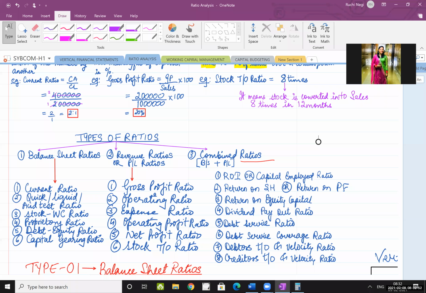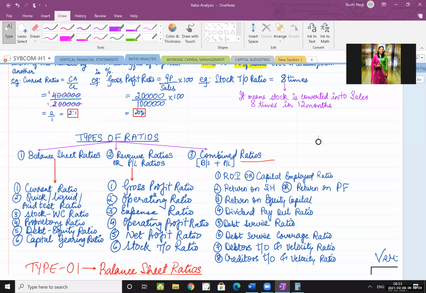So what is current ratio, quick ratio, also known as liquid ratio or asset test ratio. Then stock to working capital ratio, proprietary ratio, then debt equity ratio, and capital gearing ratio. Then we will study revenue ratios, where gross profit ratio, operating ratio, expense ratio, operating profit ratio, net profit ratio, and stock turnover ratio.